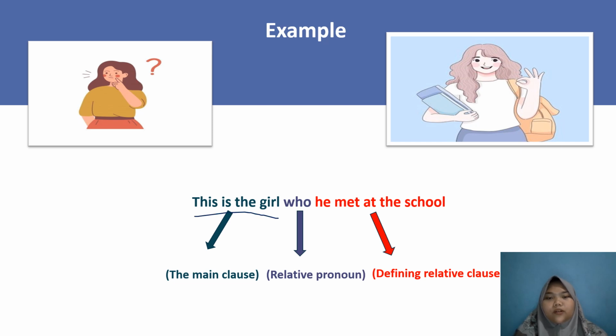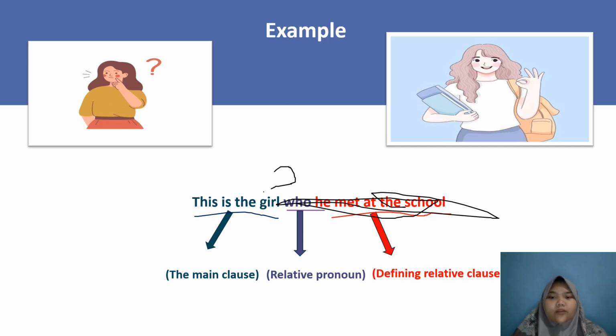This is the girl who he met at the school. If I remove "who he met at the school," it becomes "girl who?"